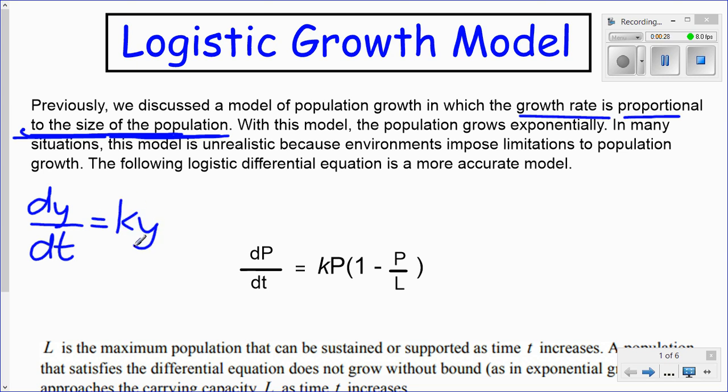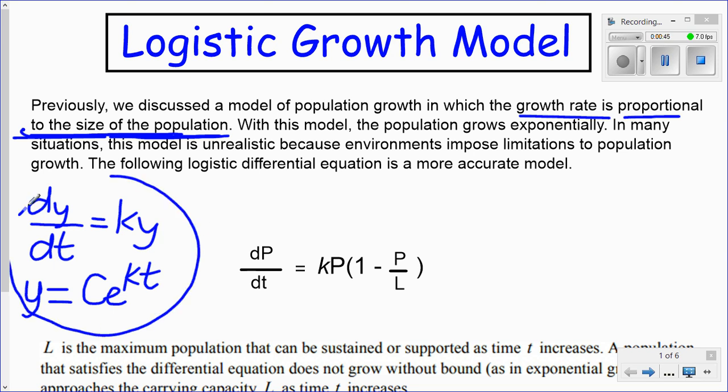With this model, the population grows exponentially, because if we solve this differential equation using separation of variables, it ends up equaling y equals c e to the kt. Okay, so we've already learned about this model in the past.